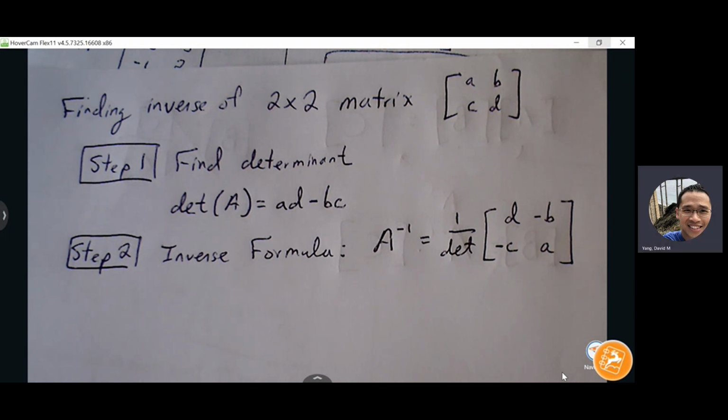The only time the inverse is not possible is if your determinant is 0.